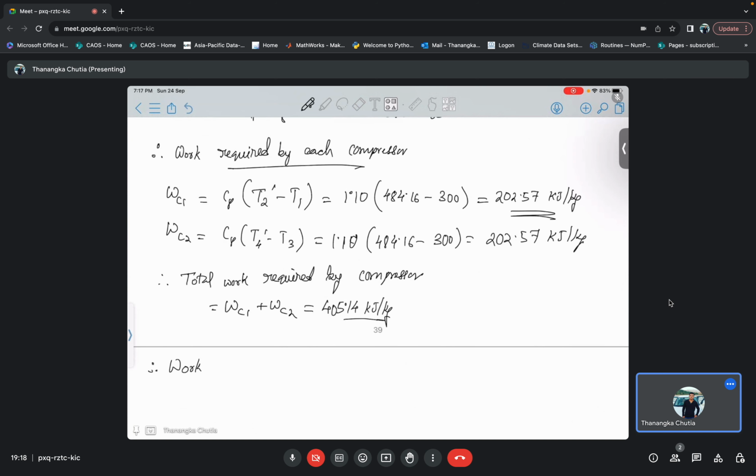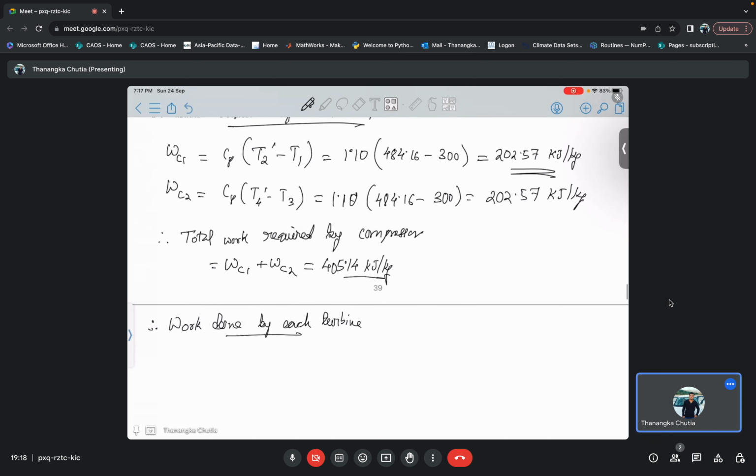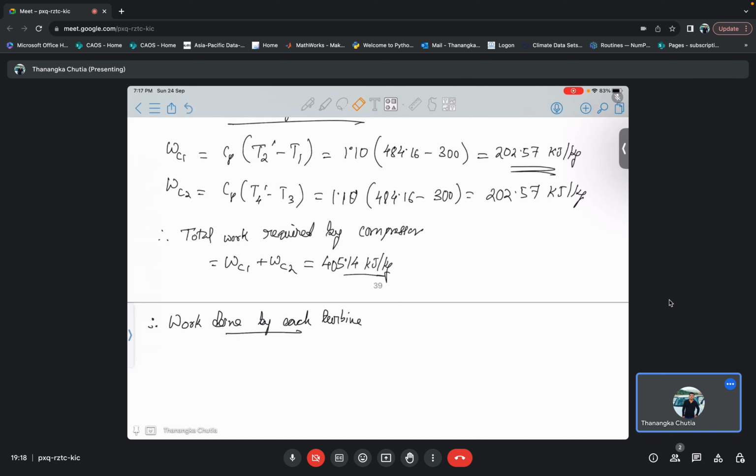Similarly, work done by each turbine. WT1 is equal to Cp times T5 minus T6 prime, 1.10.